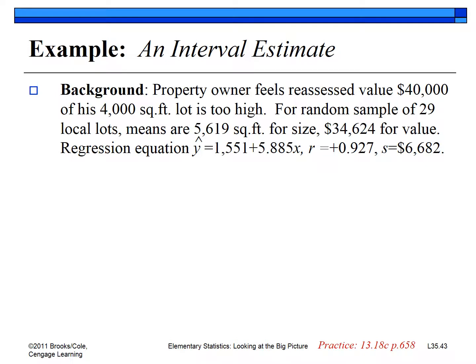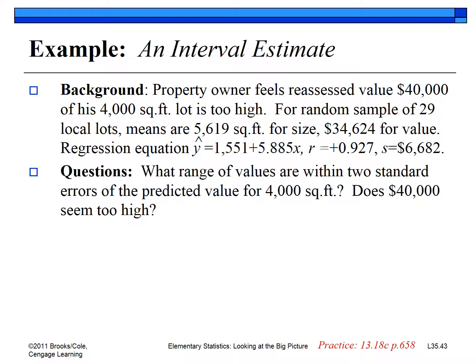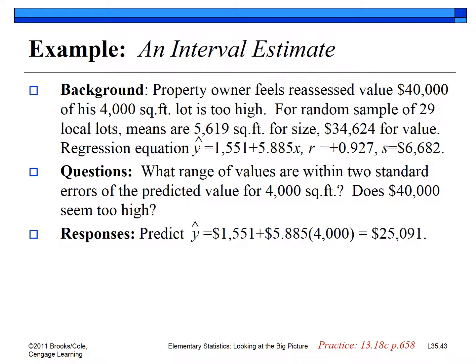We got a really positive R value and a typical residual size of $6,682. So what range of values are within two standard errors of the predicted value for 4,000 square feet? Is 40,000 too high? Well, our y hat, we plug in 4,000 and we get $25,000 roughly, a little bit bigger than that.